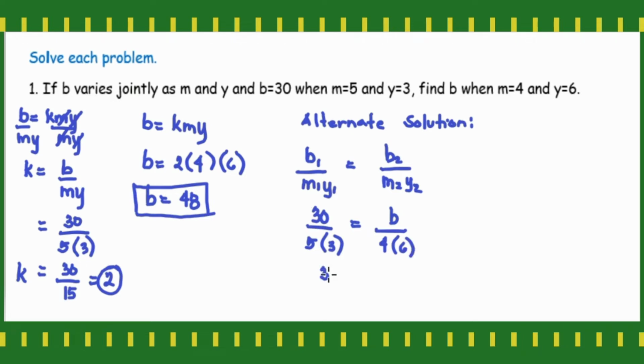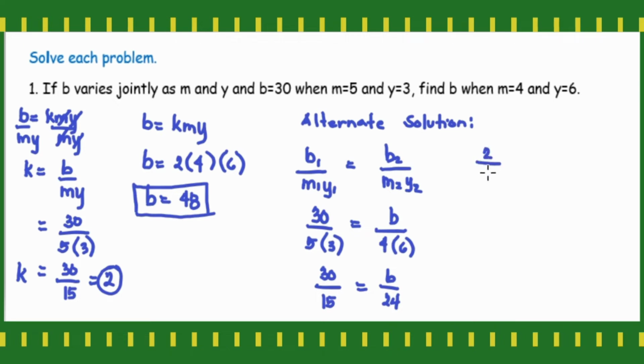So that's 30. 5 times 3 is 15, which is equal to B. 4 times 6 is 24. It is much better if you can put the pair, or the ratio on the other side, in lowest terms. So in this case, 30 over 15, we can divide by 15. 30 by 15 is 2.